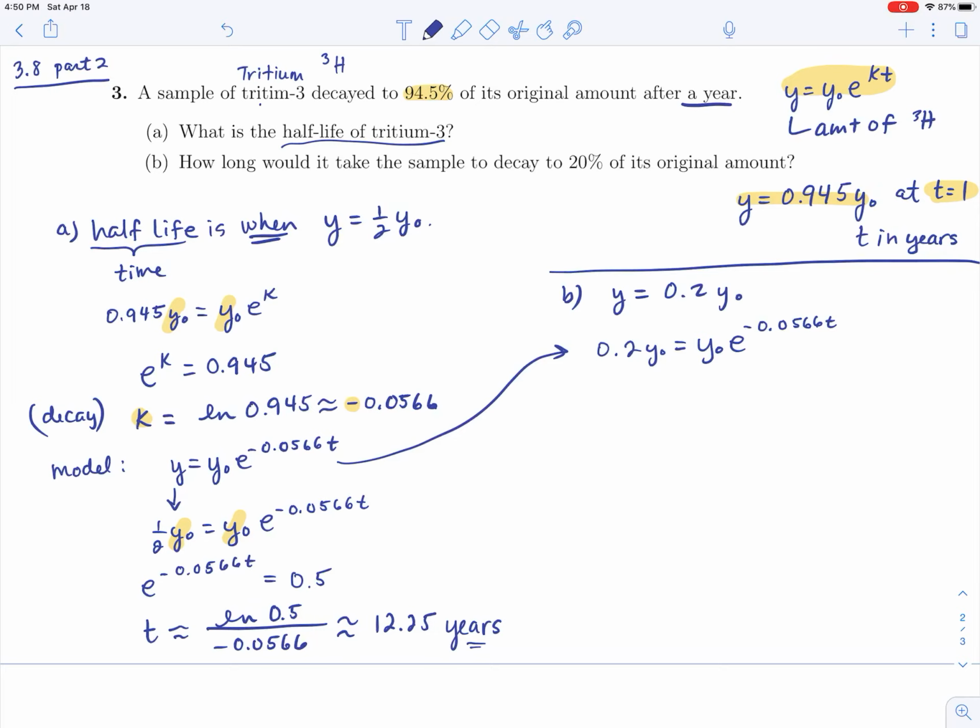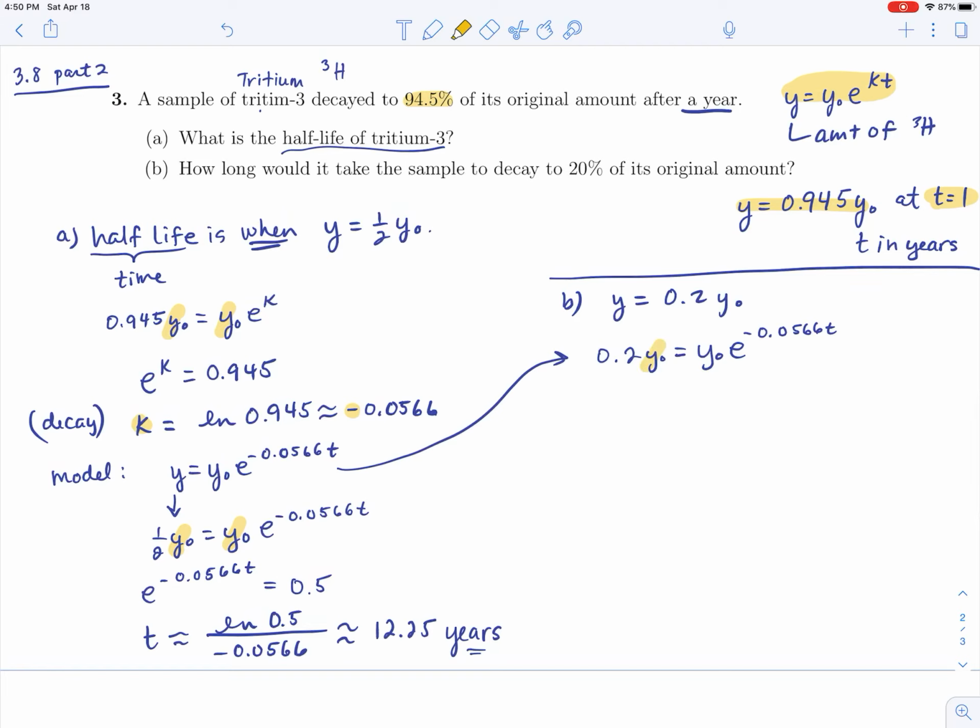We're solving for t, so no. We actually don't want to divide by 0.2; I want to take the natural log and then divide by negative 0.0566. So t is approximately equal to ln 0.2 over negative 0.0566. And so that is going to be 28.5 years.